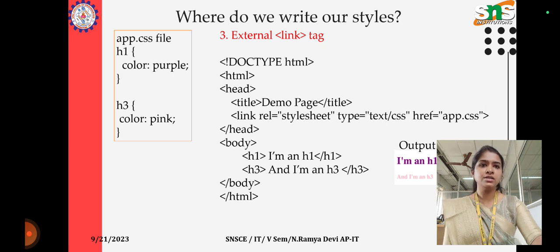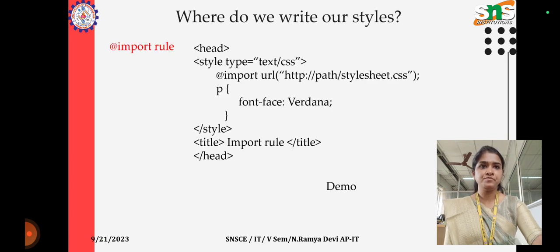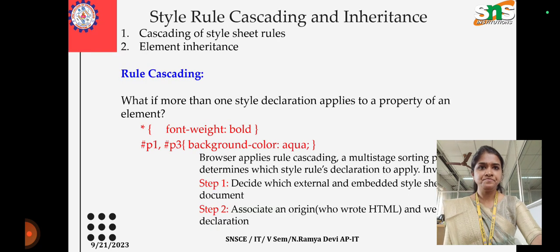So rel is relative and we can give it as stylesheet, and then type is text/css, and href is the file name of our .css file. And also we can use an import rule instead of link, so that we can give the http full path where our stylesheet.css resides.